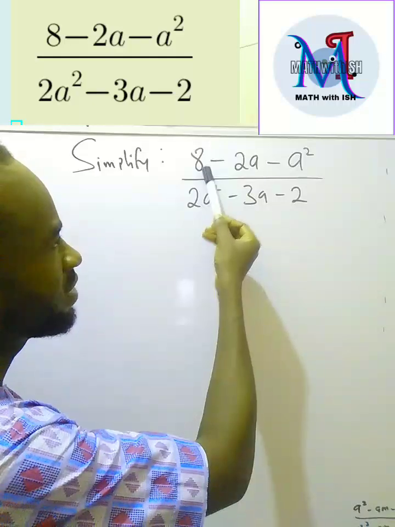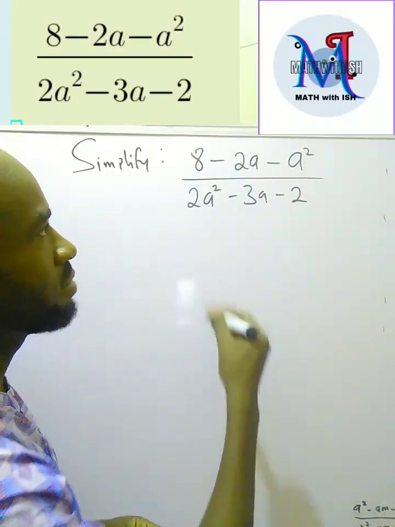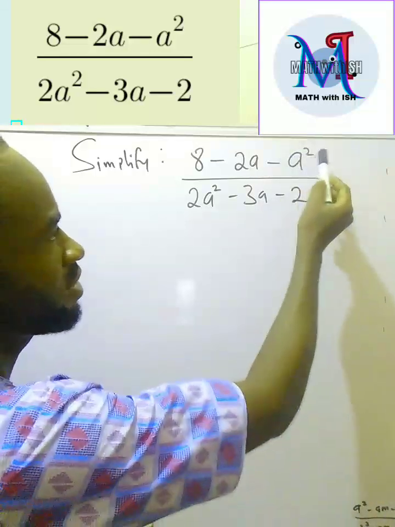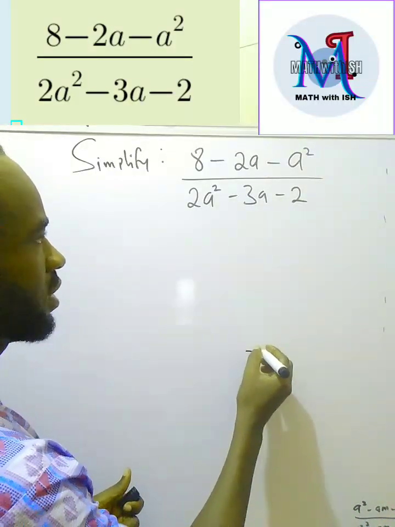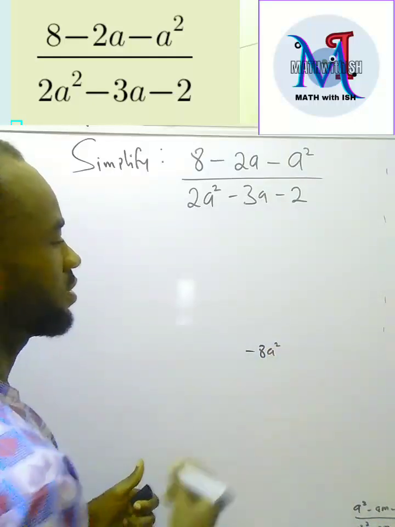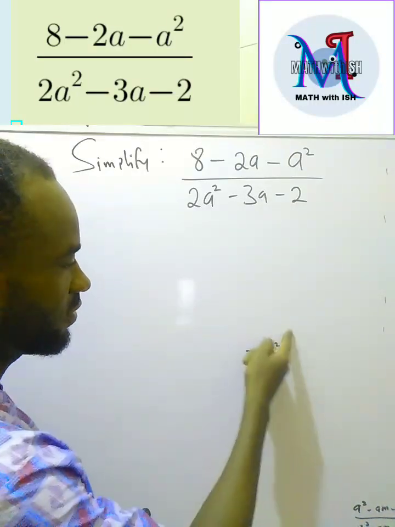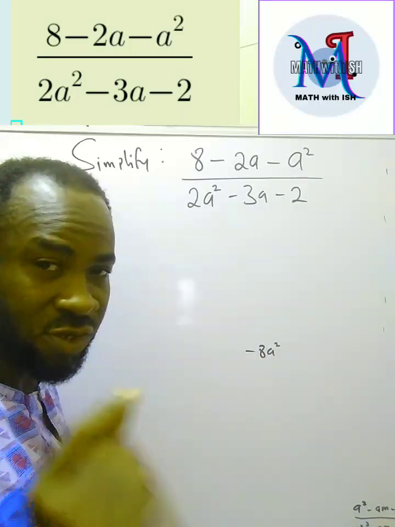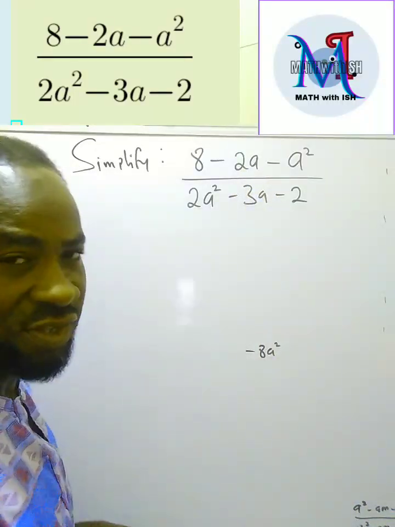I'm going to take the first term, multiply by the last term. So 8 times minus 8a squared will give us minus 8a squared. That's our first term. Then we look for two factors of this minus 8a squared that, when you sum them up, give you minus 2a, which is the middle term.